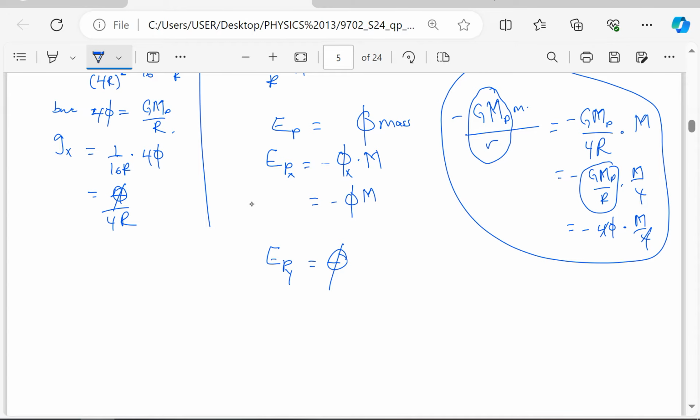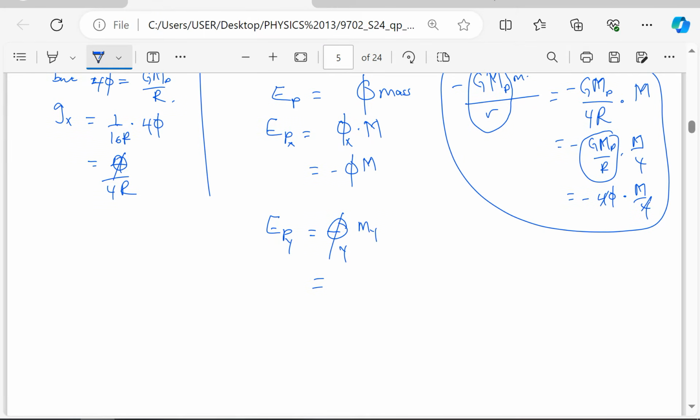So it is going to be phi at Y, then times the mass of Y. We don't know phi for Y, so I'll just put negative G, capital M, the mass of the planet, divided by R for Y, which is just capital R. The distance from the center to Y is just R, then times the mass of Y, which is twice capital M.